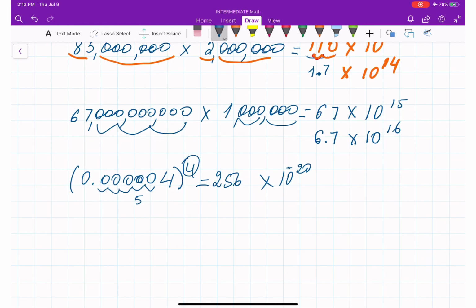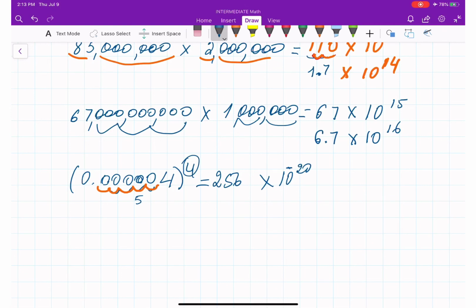It's 0.0000, so I will get 256 if I put positive 20. Then my number will grow towards the right, it will be even bigger, but I need a smaller one. So it's going to be 10 to the power negative 20. You understand what I did? Here 5 digits till this 4, and 4 digits, and we have the power 4.